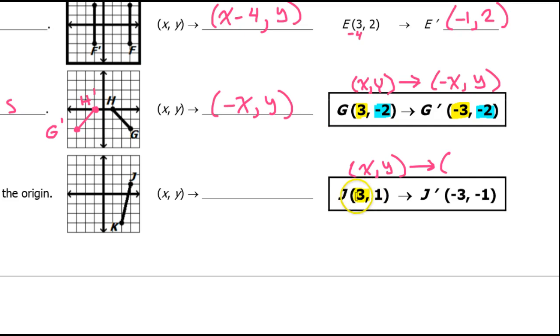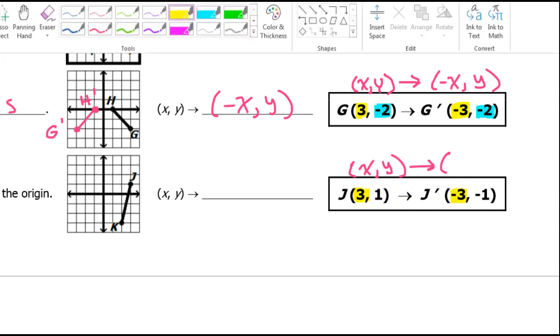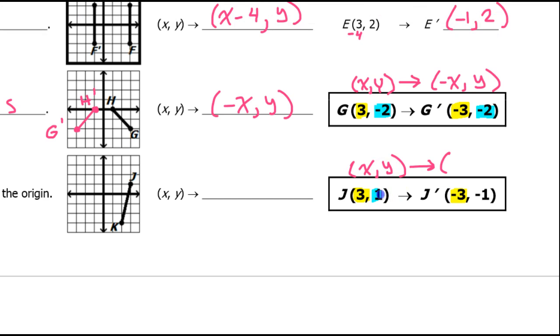So the x value is 3. Where did it go? It went right here. All right, became a -3. All right, let's track what happened to the y value. The y value is here. Clearly, it became a -1.